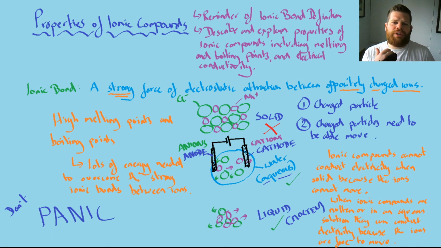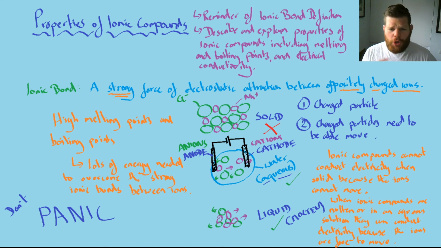We've also talked about electrical conductivity, and the role of charged particles. In order for a substance to conduct electricity, first off, it needs to have charged particles. Secondly, those charged particles need to be able to move. So an ionic compound can conduct electricity only when it's in an aqueous solution or in a molten state, because there the ions are free to move, whereas in a solid the ions cannot move because they are in that lattice structure.